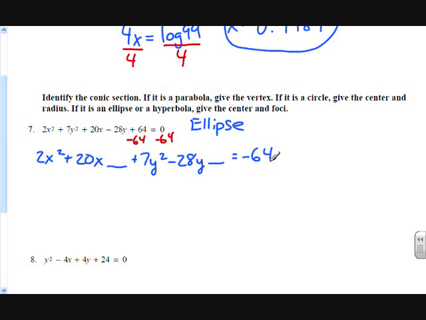Again, I can't complete the square unless I have a 1 in front of my squared term, so I've got to factor out the 2 here with the x's. Factor out the 2, leaves me with an x squared plus 10x with a little space. Here I have to factor out the 7, which leaves me with a y squared minus 4y.